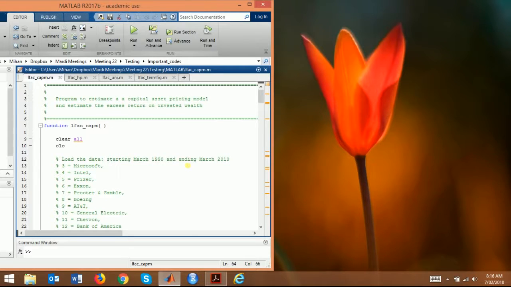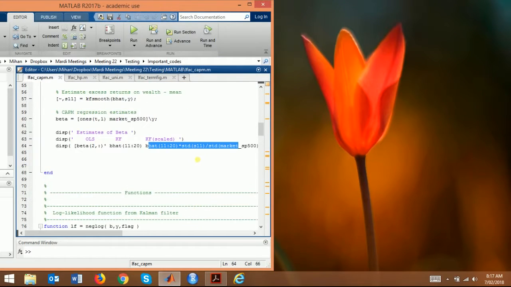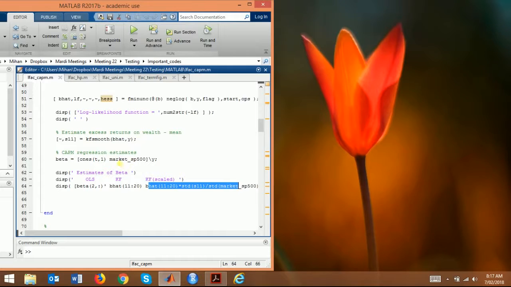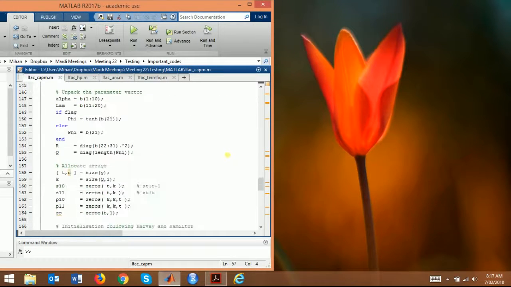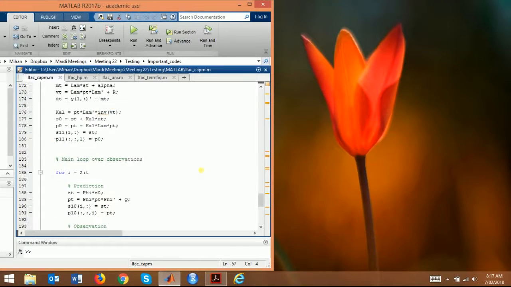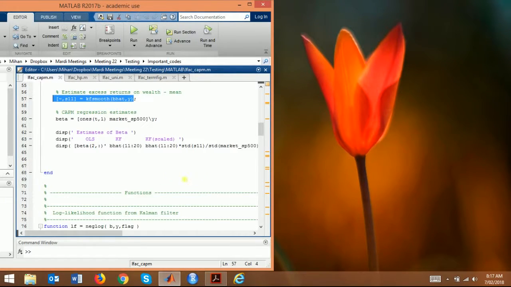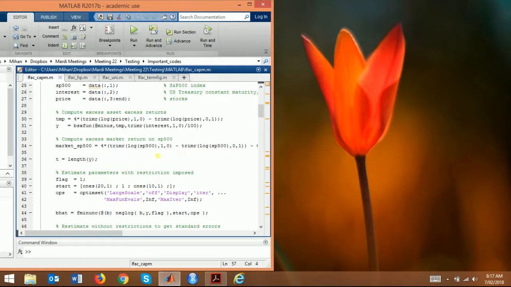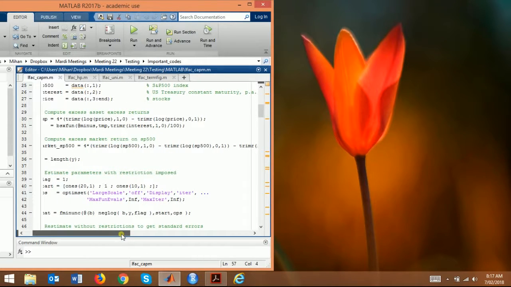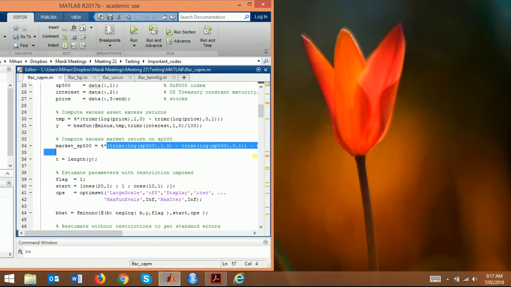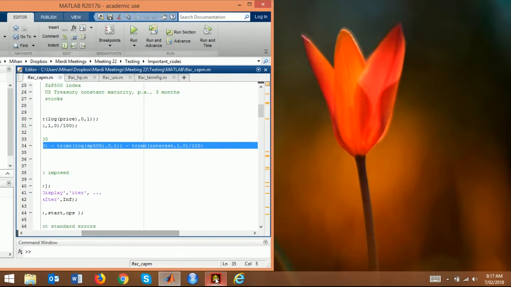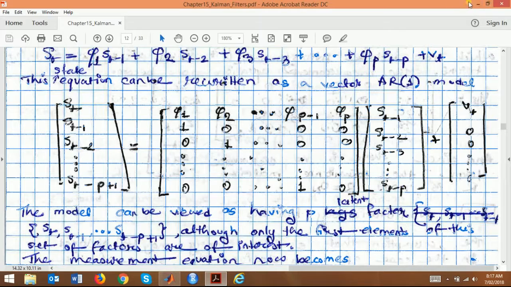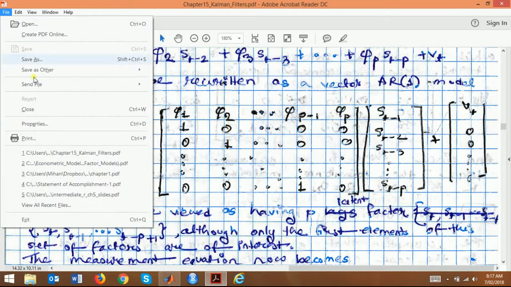So the program estimates a CAPM model with Kalman filters and estimates the excess return on invested wealth. So how do we find the excess return? Excess return is given to us by the smoothened one, but nothing changes in the equation. We have the excess return when we have the smoothened factor, because for SP500 excess return, you have to read the question for that, and I think the excess return question is given to us.